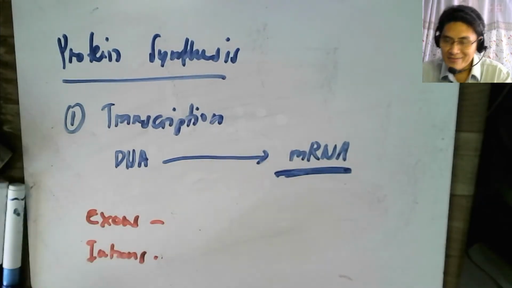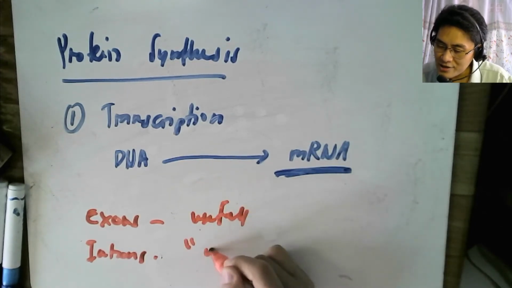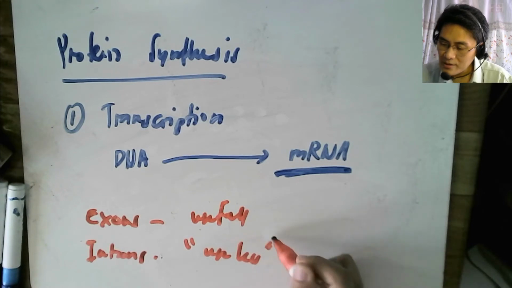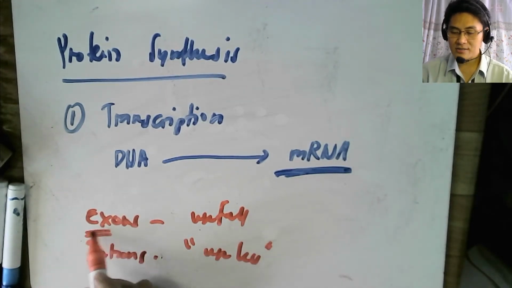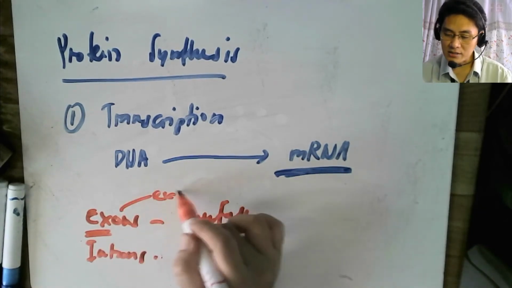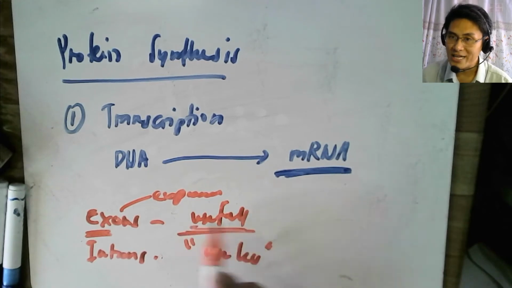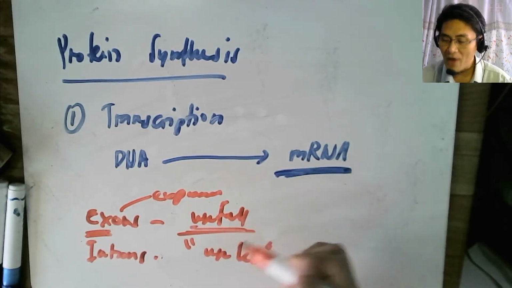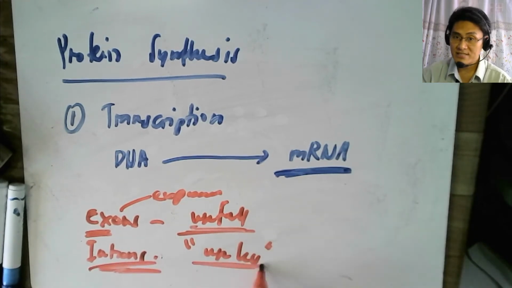Exons are the useful ones, and the introns are the useless ones. And the way I knew that I was wrong was because of the word X. X means expressed, meaning these are the parts of the segments that are read, that are really followed, that are expressed into proteins. These introns are the useless bits.